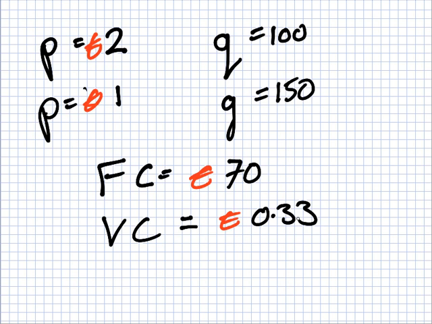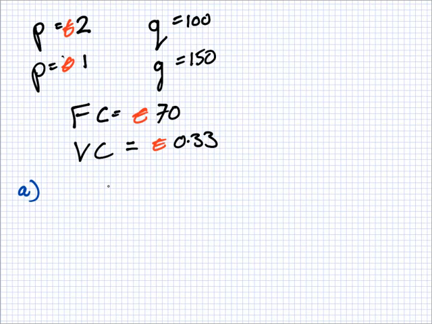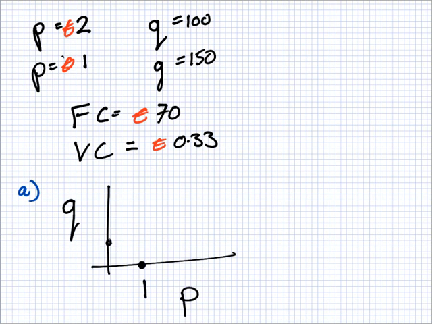So the first question is, I just want you to make a graph of the relationship between quantity sold and price of coffee. So let's do that part first. On this axis I'll put Q, and on this I'll put P. When P is €1, what's the quantity? 150.